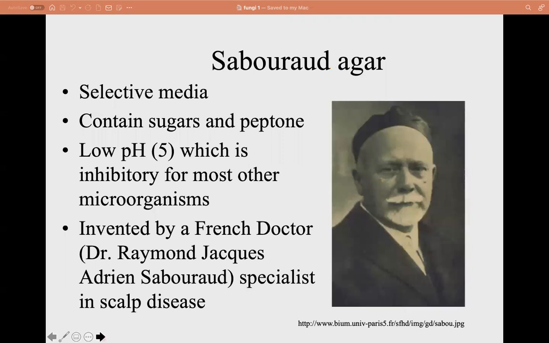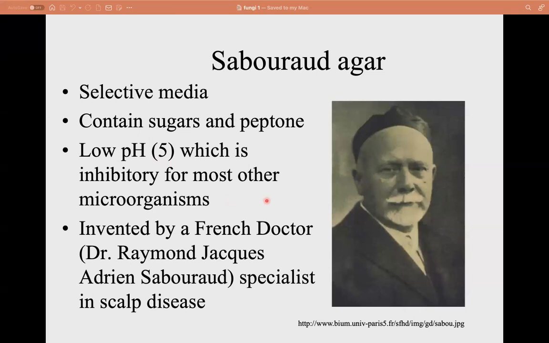We have the Sabouraud dextrose agar, or Sabouraud agar, named after a French dermatologist, Dr. Raymond Sabouraud, who was a specialist in scalp disease and invented a selective media containing sugars and peptone with a low pH, which is inhibitory for most other microorganisms, but fungi are able to grow at this low pH.